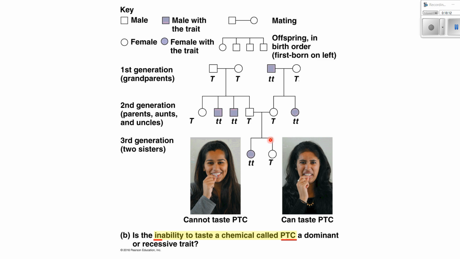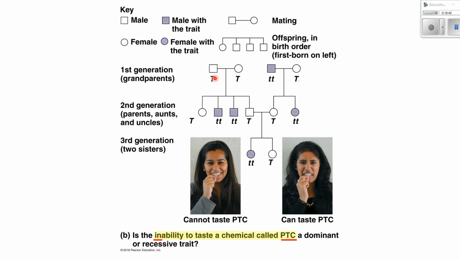Anybody who is a non-taster has to be little t. And that means everybody else in this family, the ones that are not shaded in, remember, those are the ones who can taste PTC. They have to have at least 1 big T. And so your job in this case would be to try to figure out the second gene of all these folks who are tasters.